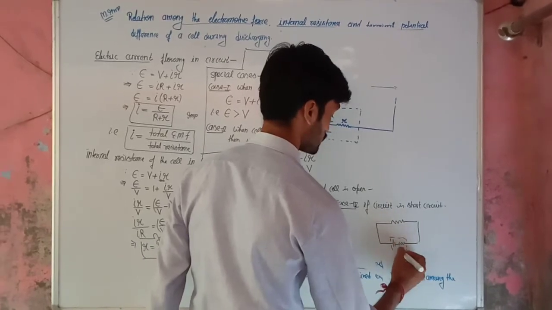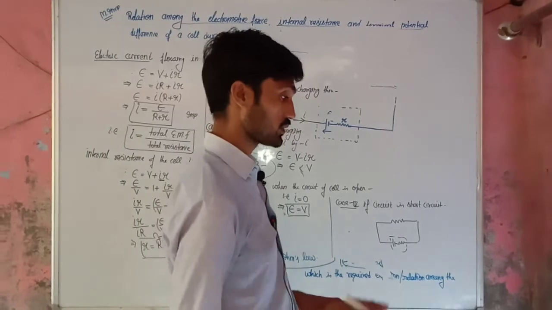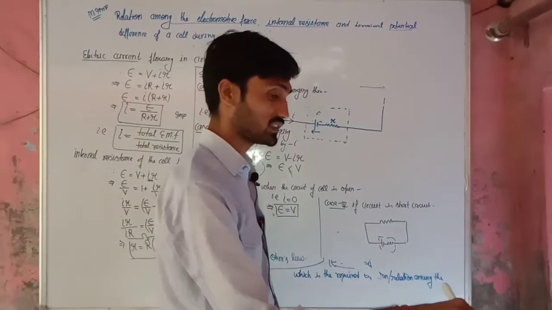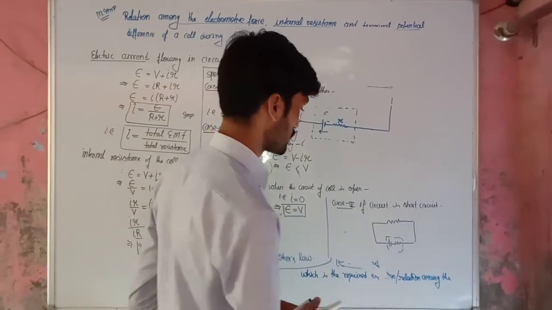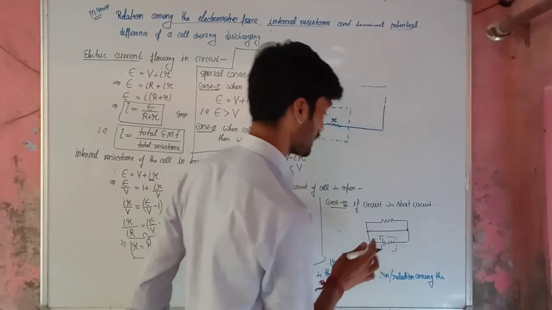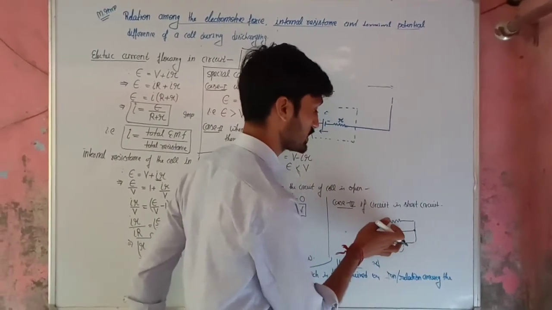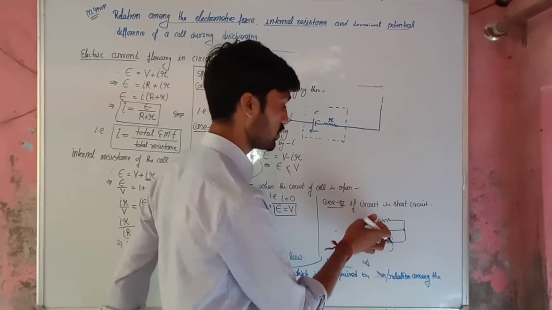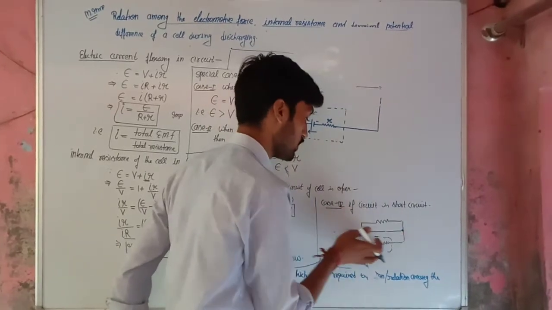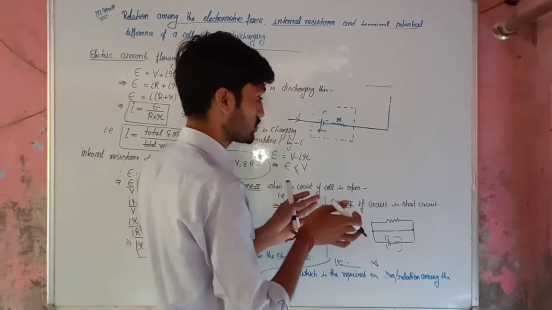Short circuit means you provide such a path in which the resistance is 0, like this, connecting by a conducting wire. Then the overall current will flow along this wire, because the resistance along this path is 0, but here there is some resistance, so all the current will flow along this path. This thing is known in electrical circuits as a short circuit.